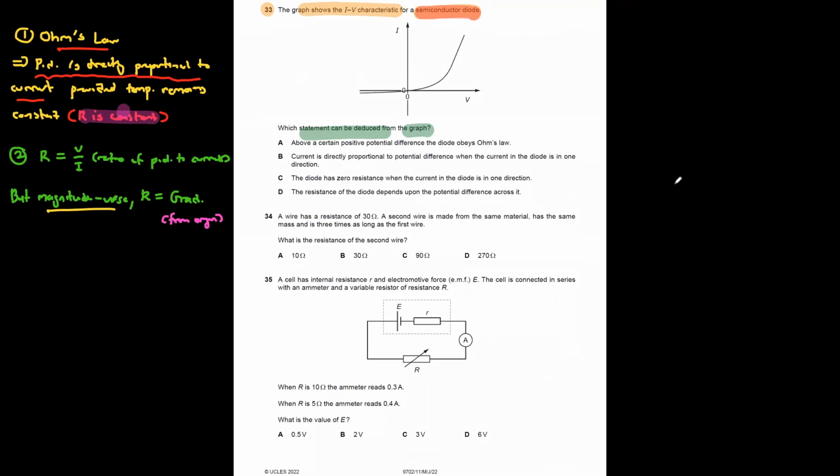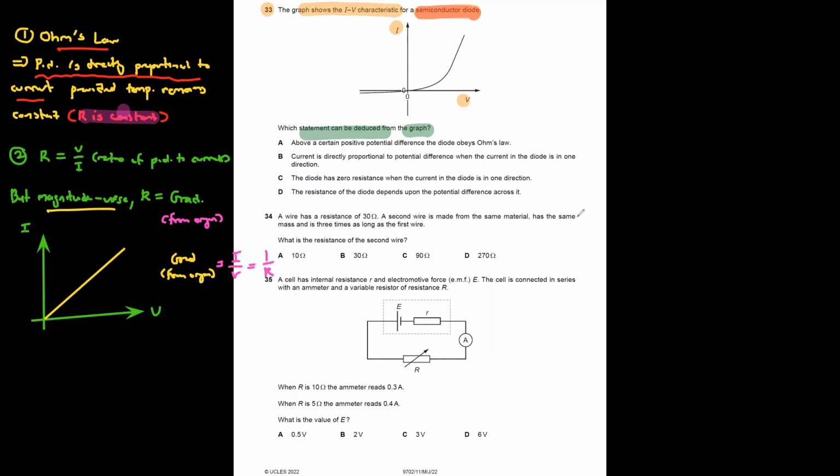IV graph. So if you have an IV graph, let's just say that in my case, I have an IV graph that looks like this. If I say that I have a straight line through origin like this one, I can say that in my case, the gradient from origin is actually equal to I over V, which is the reciprocal of my resistance.